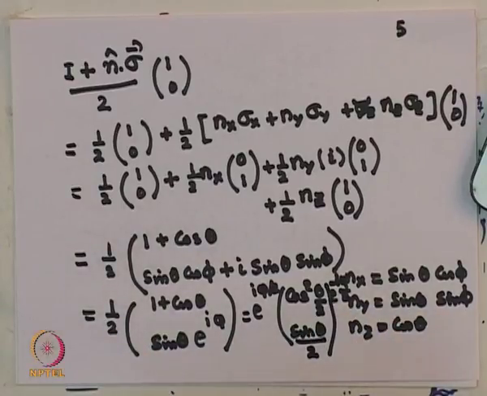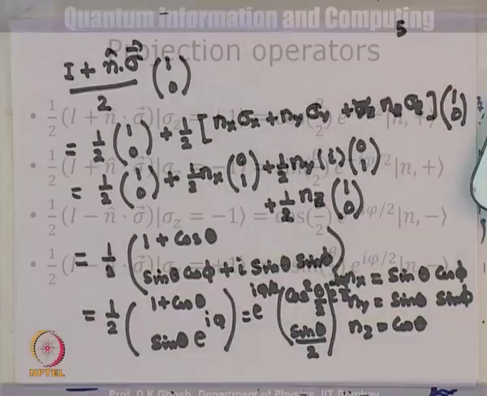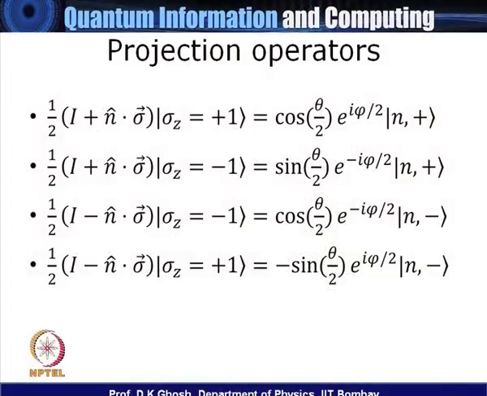Remember that sin theta can be written as 2 sin theta by 2 into cos theta by 2, so that this 2 and that 2 will cancel out, and I will be pulling out a factor cos theta by 2 and I will be left with a cos theta by 2. This is shown in the slide: cos theta by 2 e to the power i phi by 2, which I have taken out, and the remaining thing is nothing but the eigenstate along the n direction with an eigenvalue plus. The remaining relationships are also as shown there.